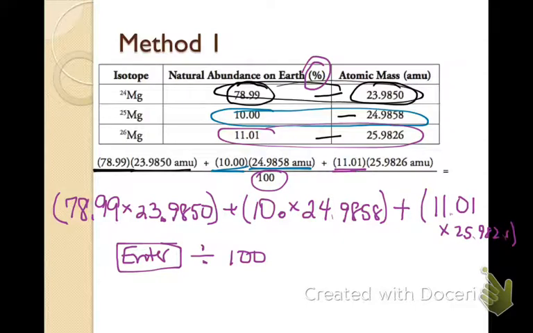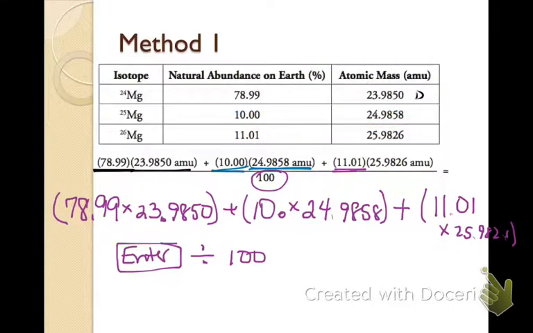Now let's see what answer would make the most sense here. So I'm going to erase some of this stuff. If I look at the answers, I want to make sure that they all make sense. I see that 78.99%, so almost 79%, had this atomic mass, and about 10 and 11% had this atomic mass.